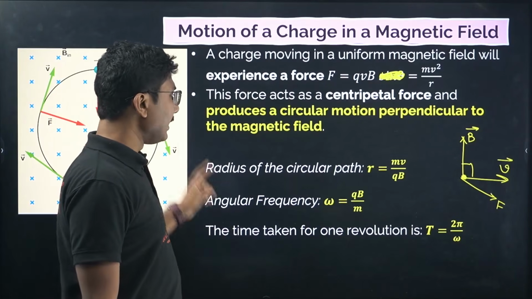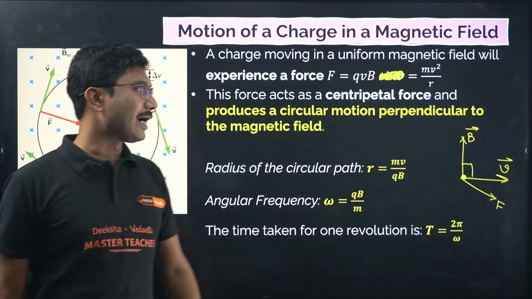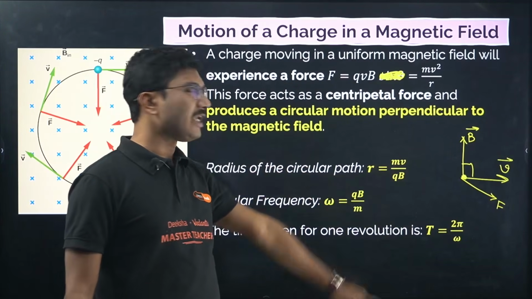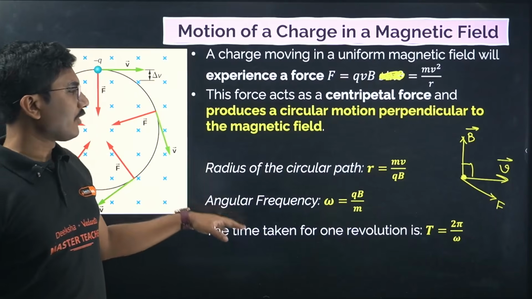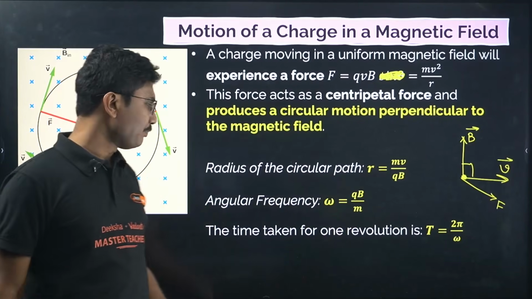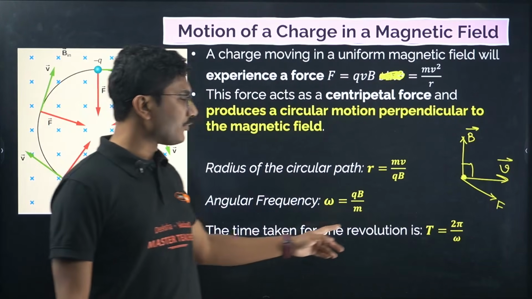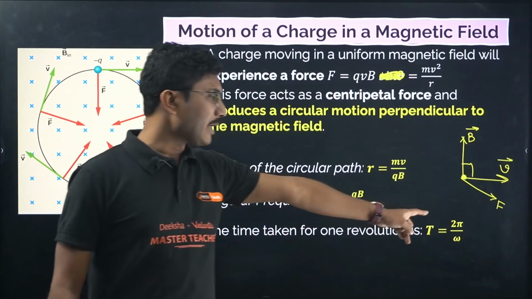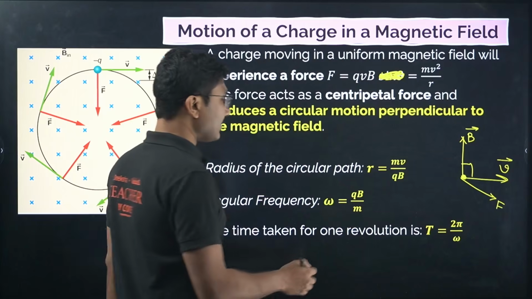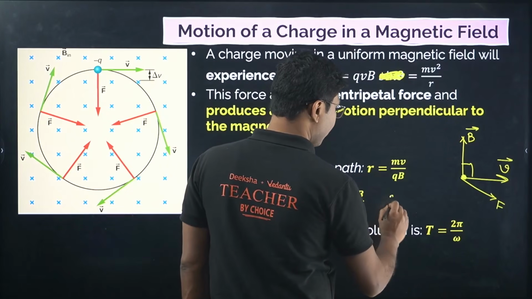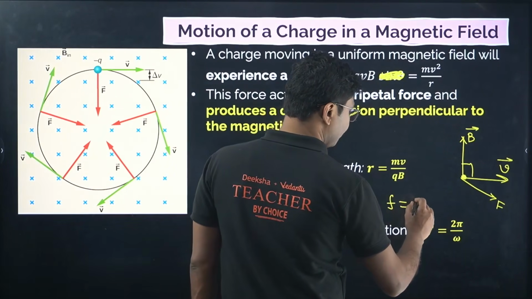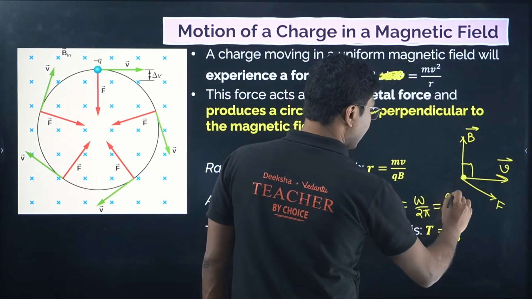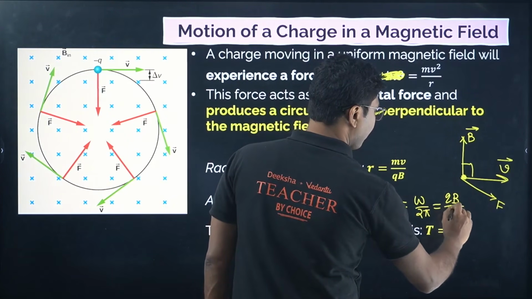Based on that, the charged particle is moving in a circular motion. The radius of the circular path here is given by R equals mv by qB. Angular frequency omega is qB by m. The time taken for one revolution is the time period, also called the cyclotron time period, which is given by 2 pi by omega. You can even calculate the normal frequency, which is omega by 2 pi, so it will be qB by 2 pi m.